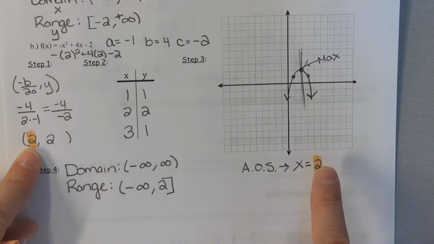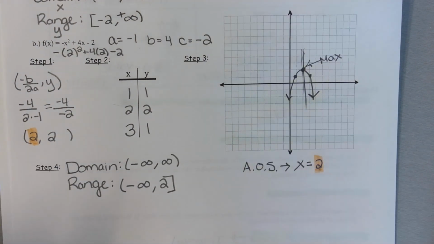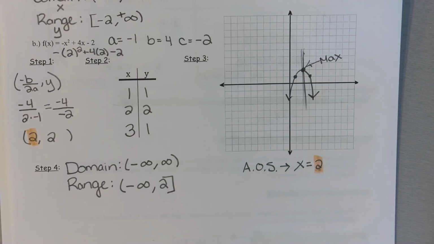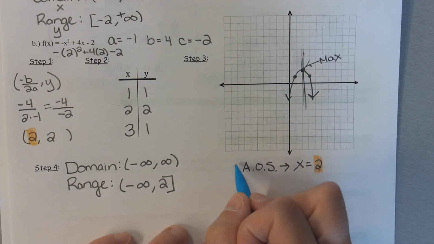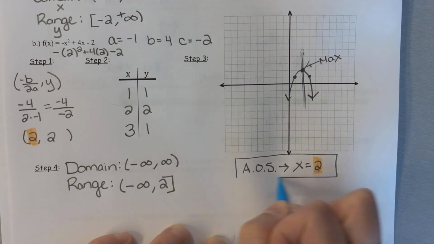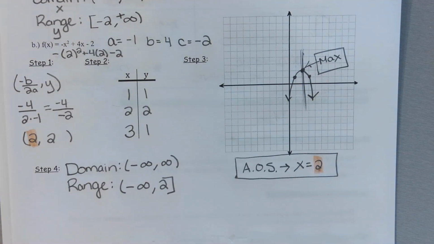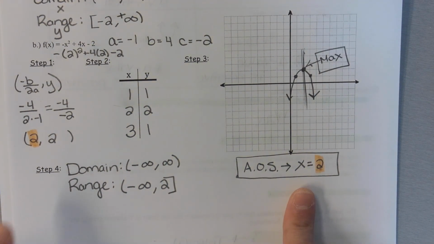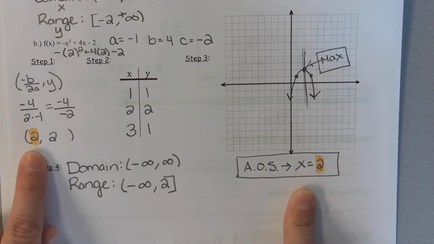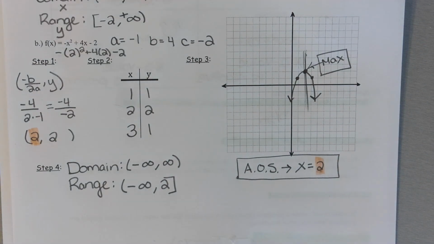So the x coordinate here and this value for the axis of symmetry will always be the same. So again, the only bonus things they may ask you on the homework from what we were just doing in those last 2 problems is tell me the min or max, but again, that's the same as the vertex, and tell me the axis of symmetry, which is fine. It's the same as the x coordinate of the vertex. So a lot has to do with the vertex. It's a super important point on our graph.